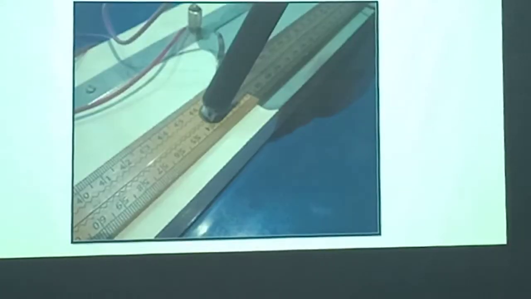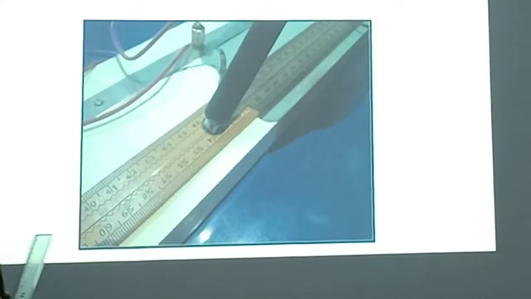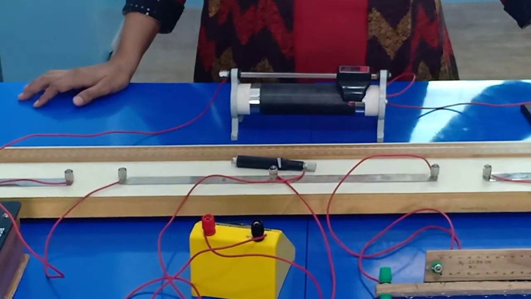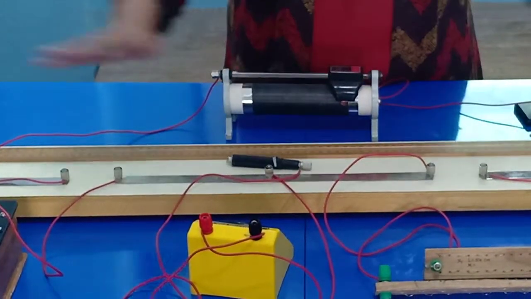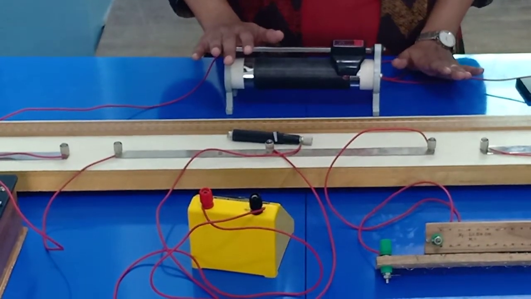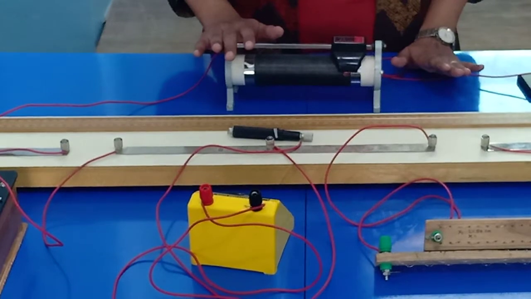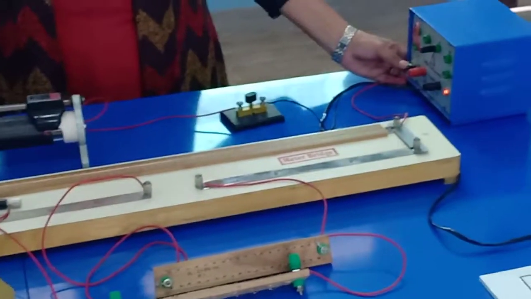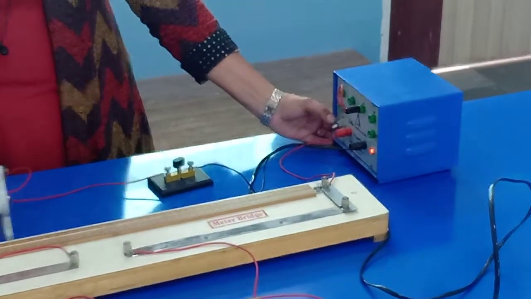Now we'll do the practical. Let's come towards the instruments. So this will be the experimental arrangement for calculating the unknown resistance with the help of Wheatstone's meter bridge. This is the on off button. Now we have put on the battery.